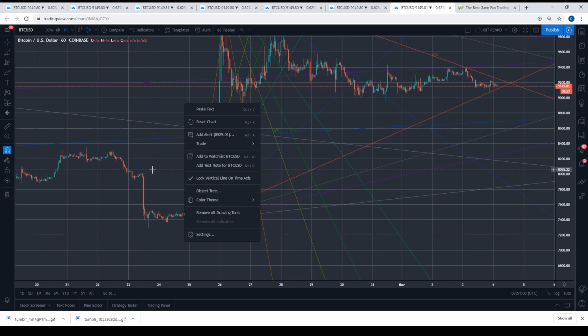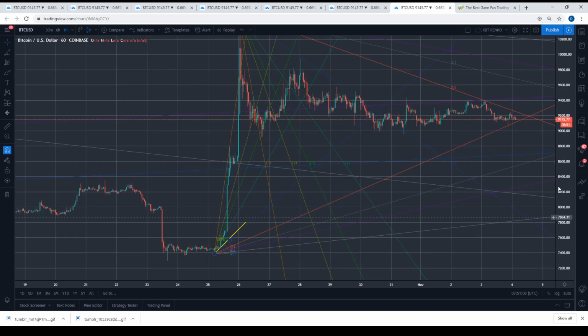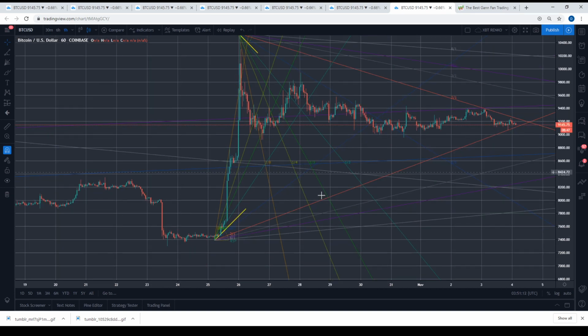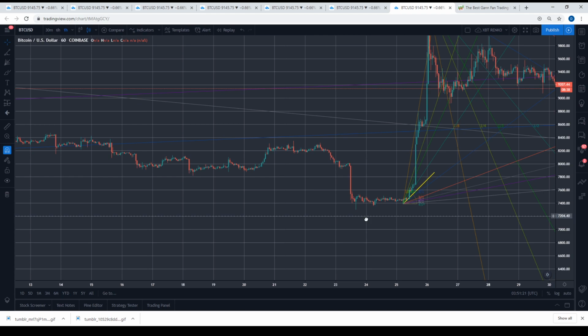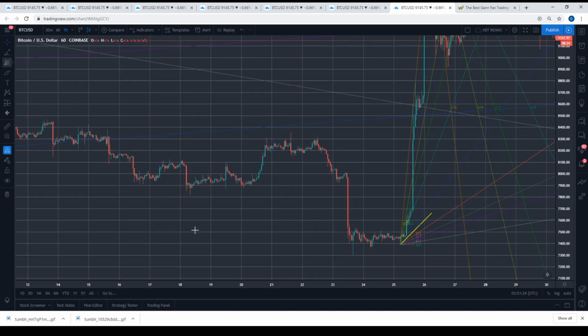So if your fan is off, it might be because I've drawn mine in a rush, but what I've done right now, this is the most care that I've given to drawing fans, because I'm doing it in a video. All right, now let me see if I draw from this pivot low, will I get the same thing? So I want to show you the difference that the pivot will play. Okay, it's just experimenting.